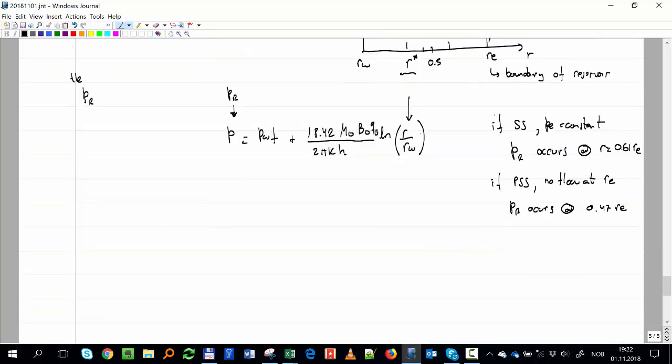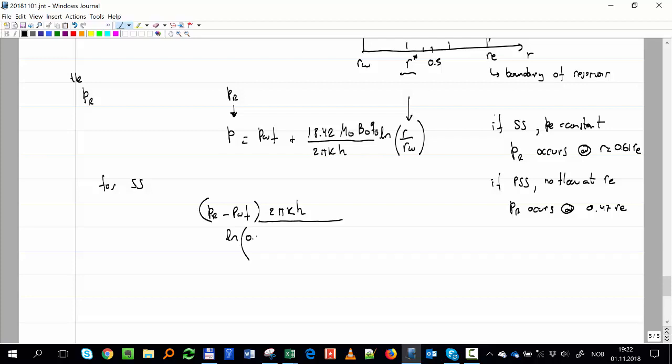So let's make that and let's substitute for both. For pseudo-steady state, I get PR minus PWF, okay? Then I multiply times 2 pi K H divided by ln of, and here I have to substitute R where I have reservoir pressure.